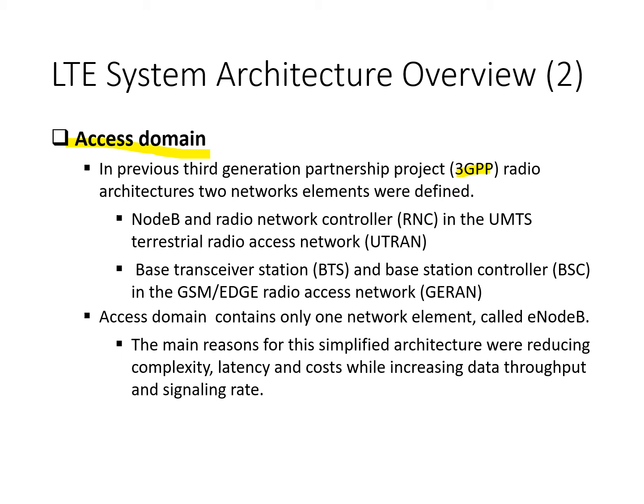3GPP is the Third Generation Partnership Project. In 3GPP radio architecture, two network elements were defined: Node B and radio network controller in the UMTS system.